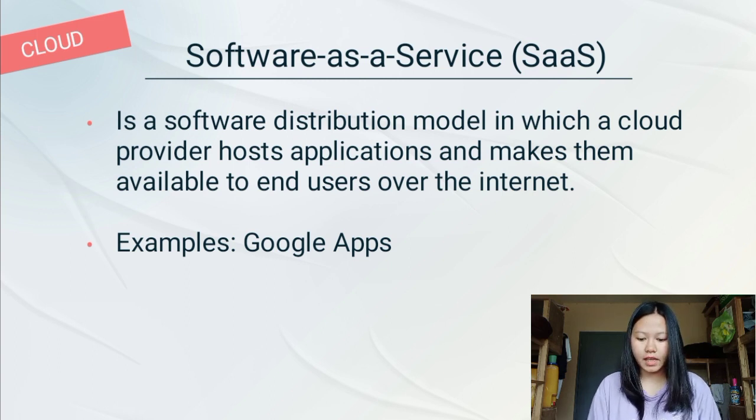It involves the licensure of a software application to customers. Licenses are typically provided through a pay-as-you-go model or on demand. These types of systems can be found in Microsoft Office 365. One example of this is Google Apps.